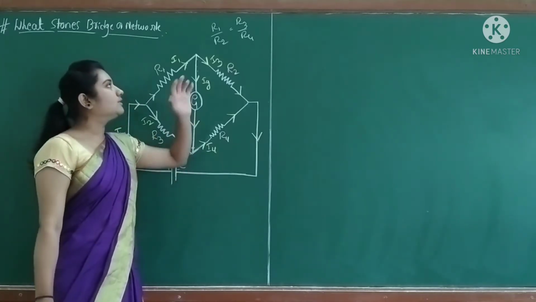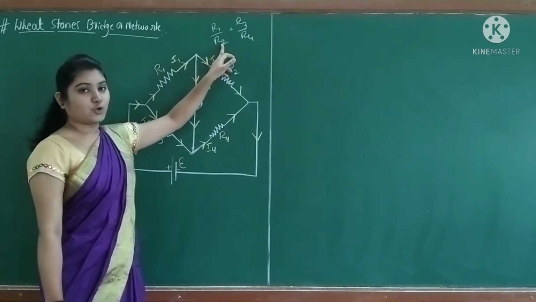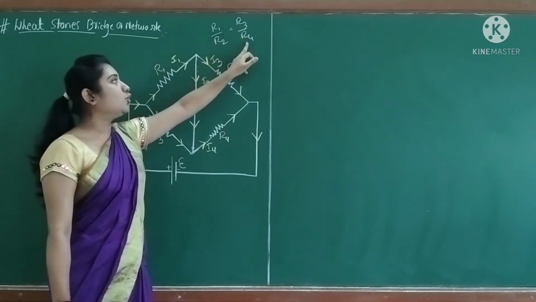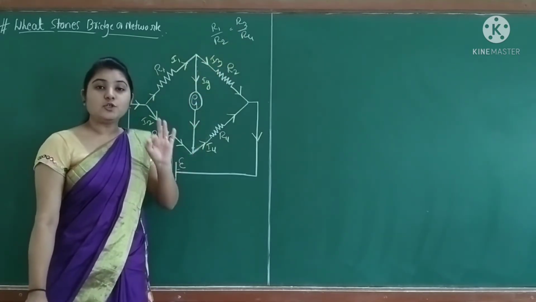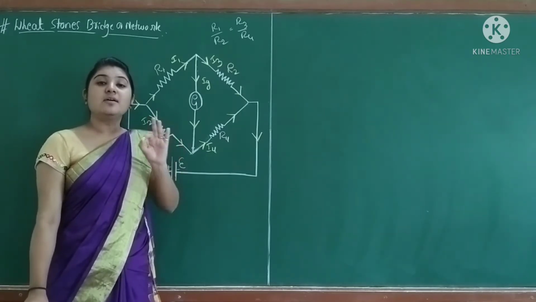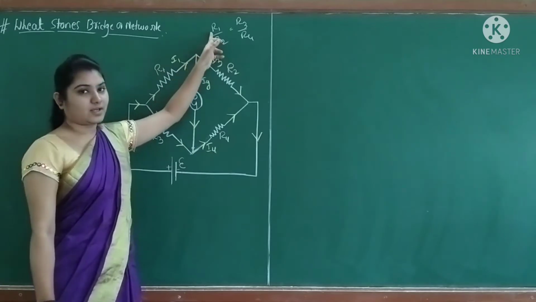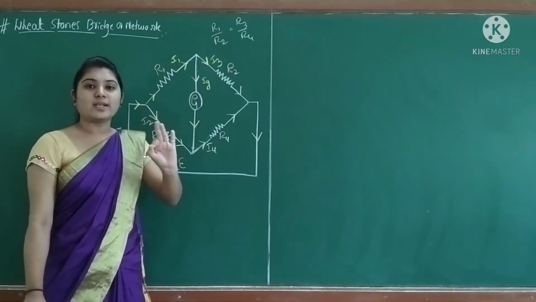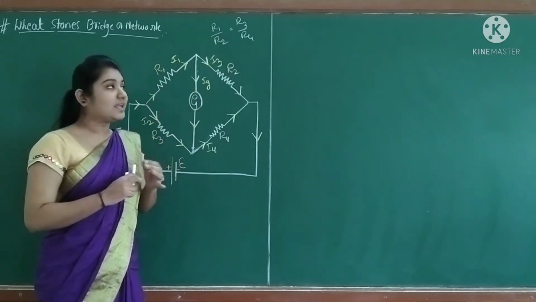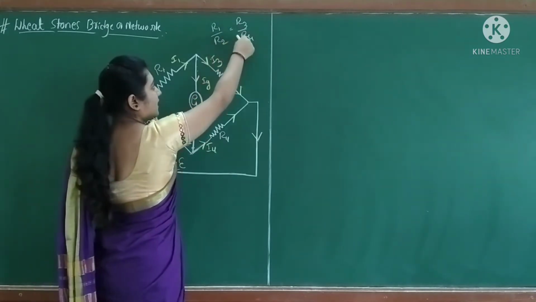Suppose you know R2, R3 and R4, but you need to calculate the value of the unknown resistance, that is R1. You do not need to calculate anything else, since you have R2, R3 and R4.